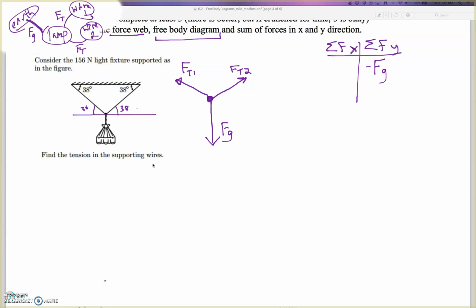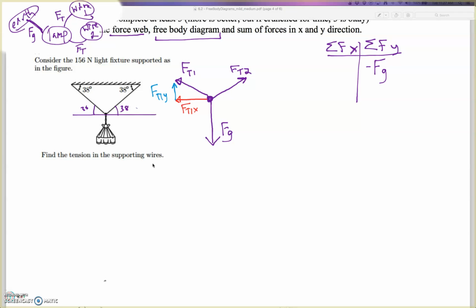And then there are these tension forces, and annoyingly, they are at an angle. So that means that each of them has a component in the x direction. So this is force tension 1 in the x direction. And it also has a component in the y direction, force tension 1 in the y direction.